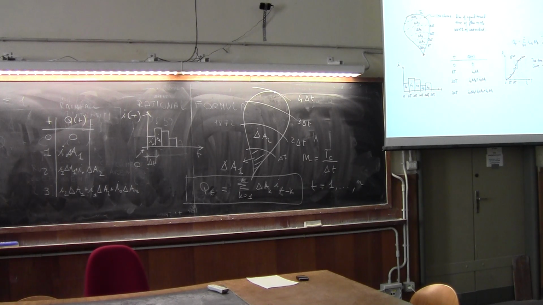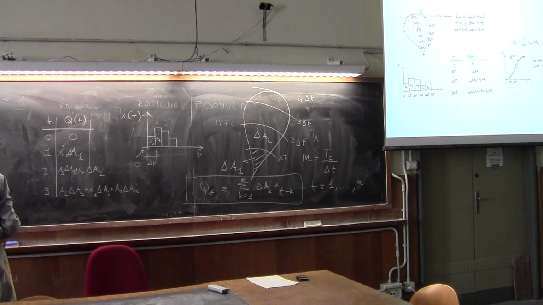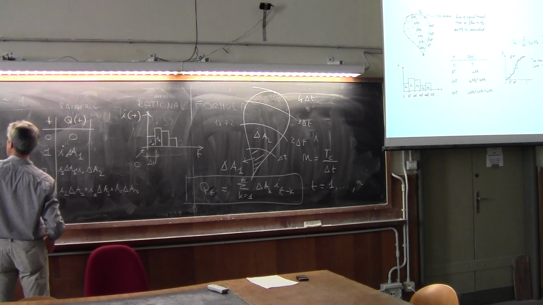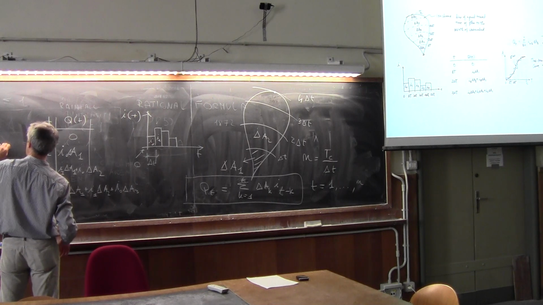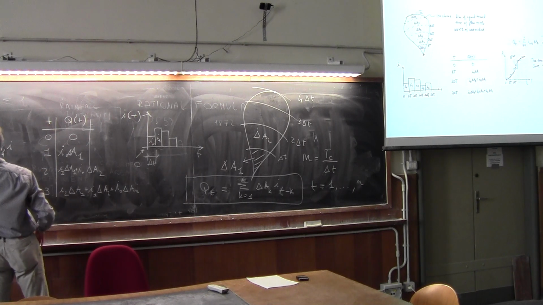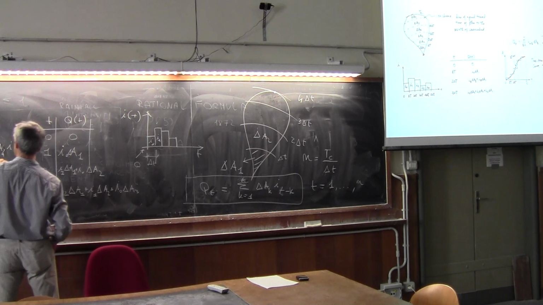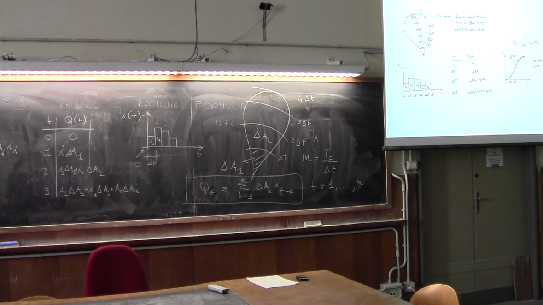Okay, good. Now plus delta A2 I3 plus delta A3 I2. 1, 2, 3. Okay, I have 5 terms. Plus delta A4 I1, and these are 4 terms, and so far I am fine.